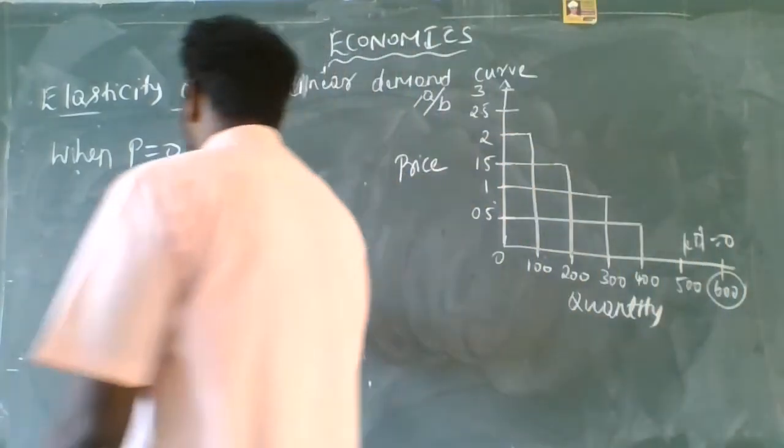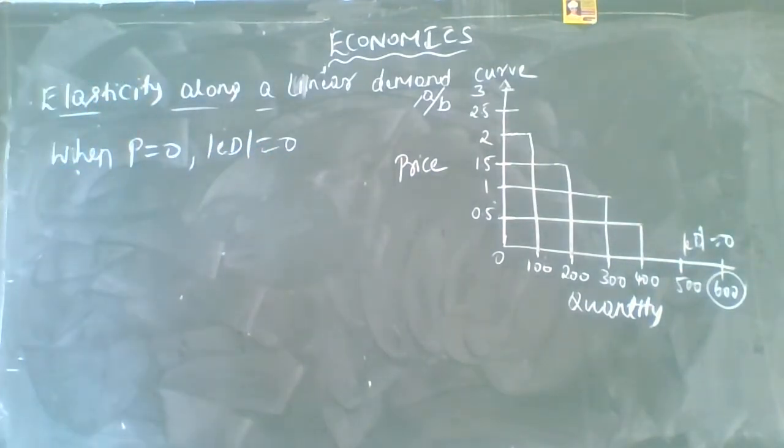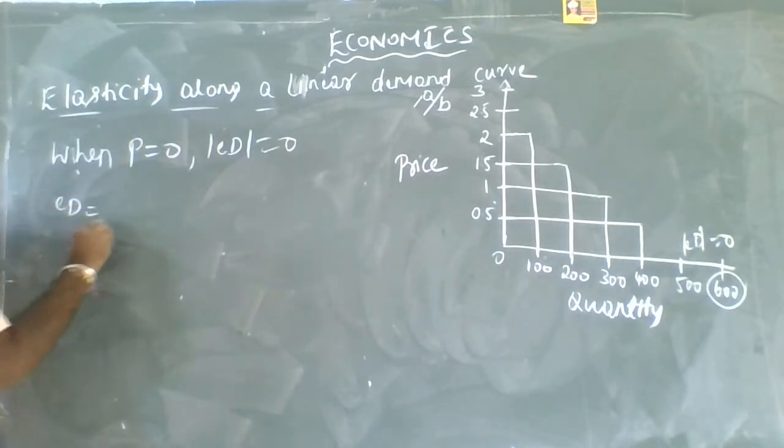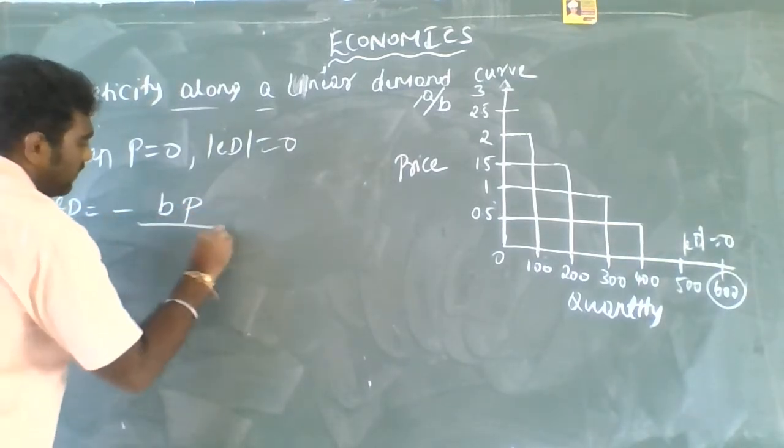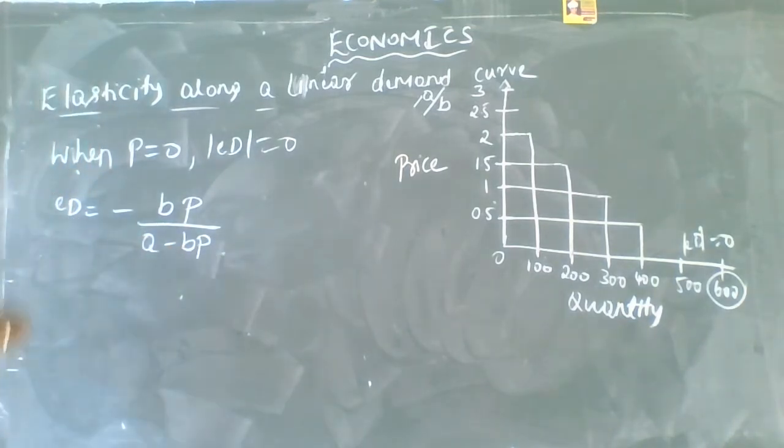So this was our first condition. As we know, the elasticity of demand equation is: the modulus of elasticity of demand is minus Bp divided by A minus Bp.